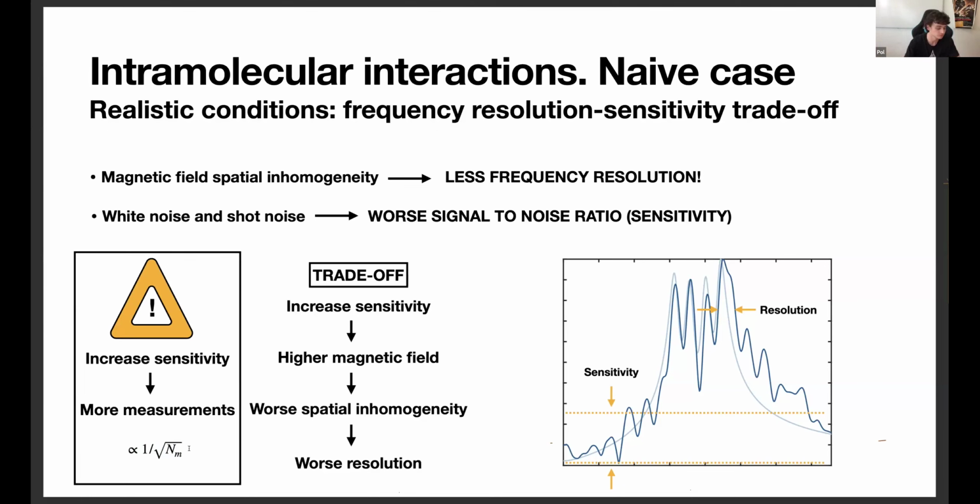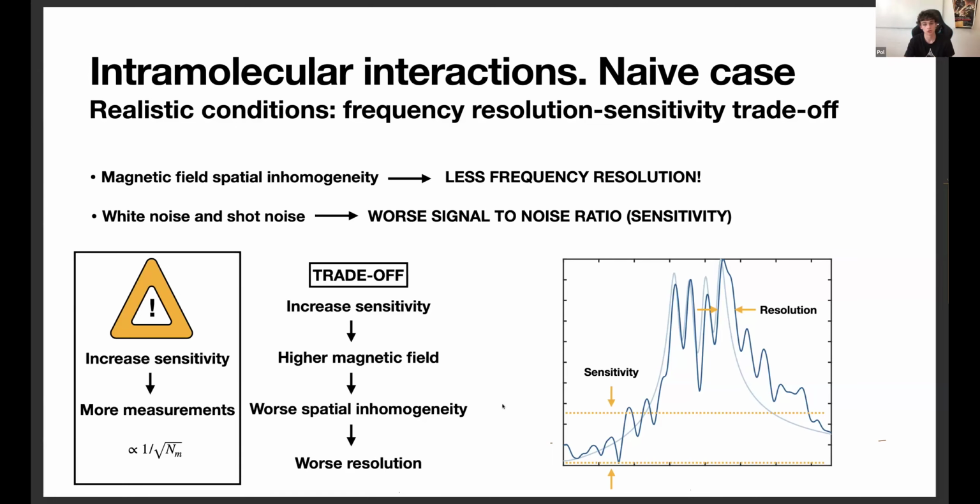So this is not a very good relationship. That is why usually it's more interesting to increase the magnetic field because it's linear. If you increase the magnetic field twice, you will get a twice better signal-to-noise ratio.